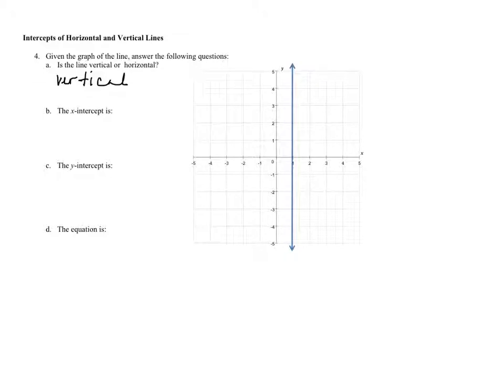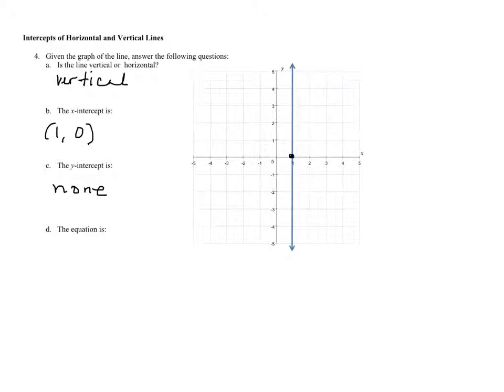Now let's look at where the x-intercept is. It's right here. It's the point 1, comma 0. And then we look for the y-intercept, and since it's vertical, this particular line is not going to cross the y-axis, so we say there is none. Okay, and now what we're going to do is try to get the equation of this.